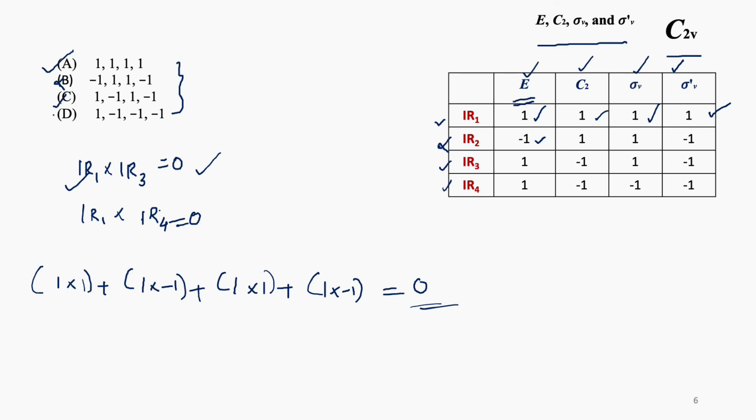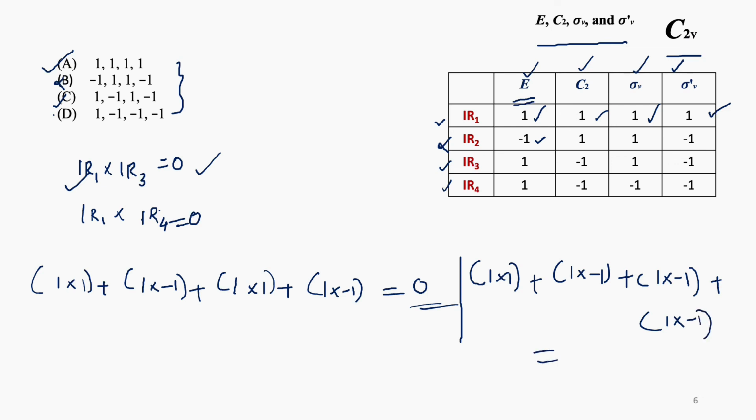And coming to the fourth one, IR1 and IR4, 1 multiplied by 1 plus 1 multiplied by minus 1 plus 1 multiplied by minus 1 plus 1 multiplied by minus 1, that is equal to 1 minus 1 minus 1 minus 1, that is minus 2 and not equal to 0.